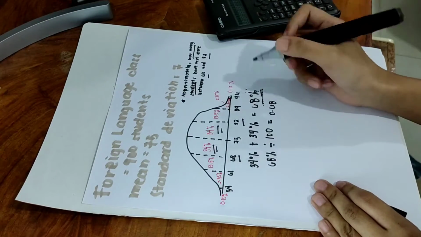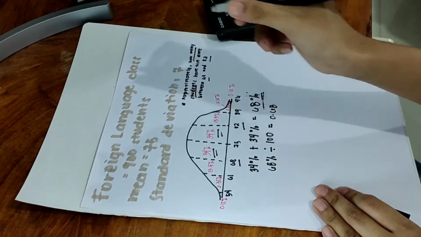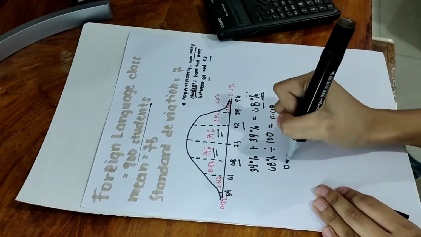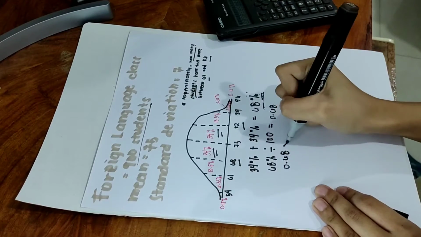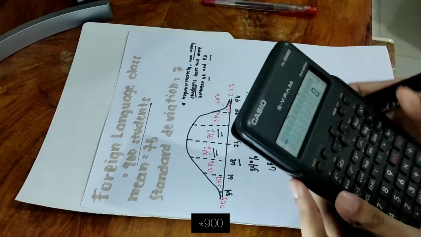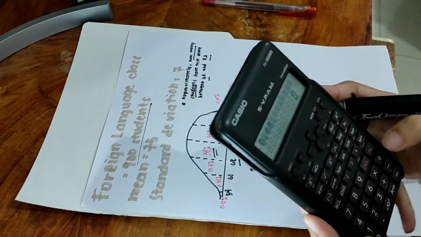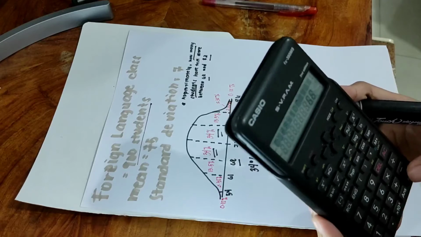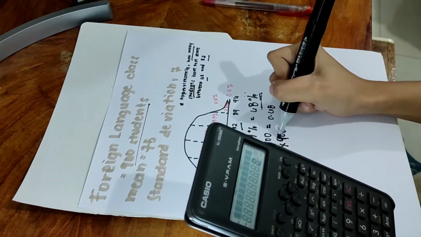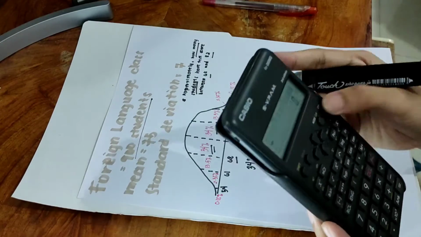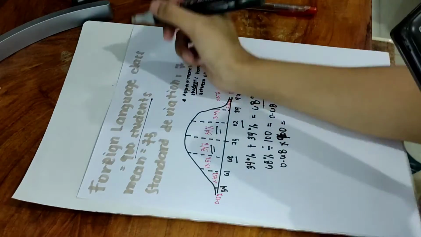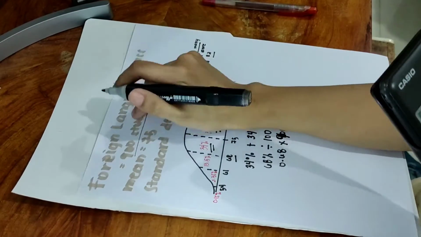You need to multiply the 0.68 sa 900 na student. So, 0.68 times 900, since sa foreign language class, mayroong 900 na student.